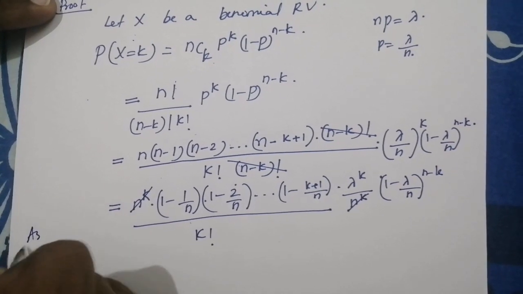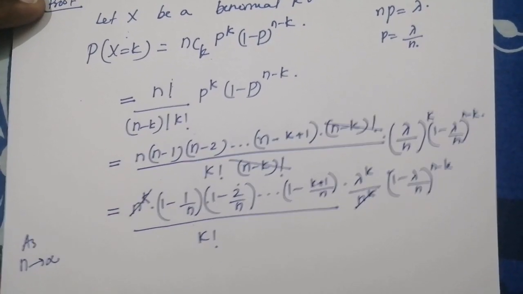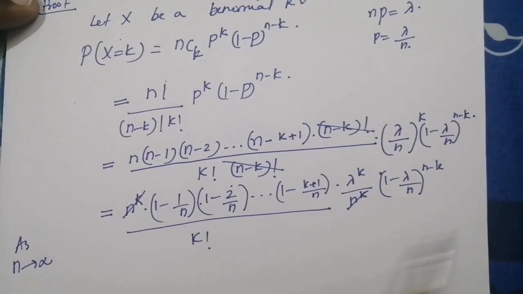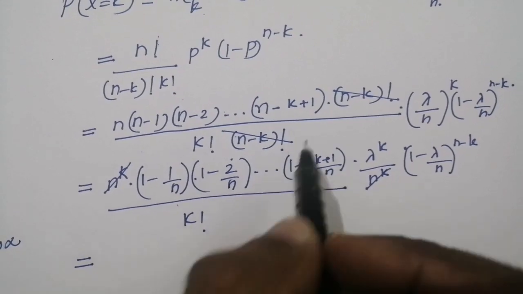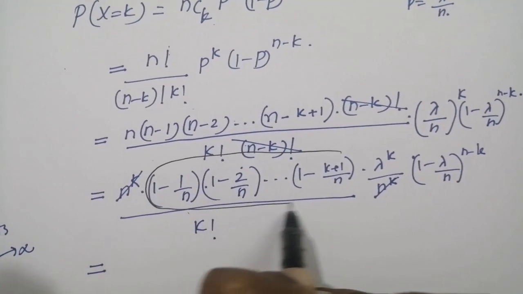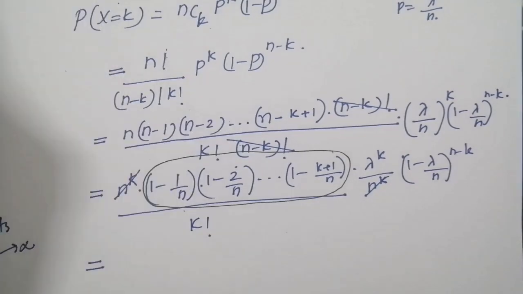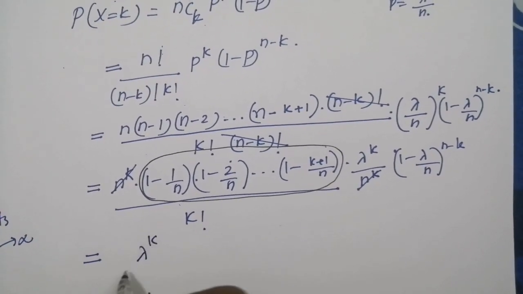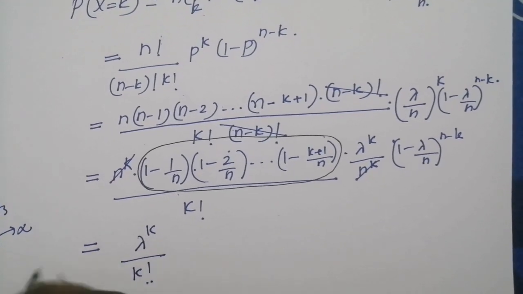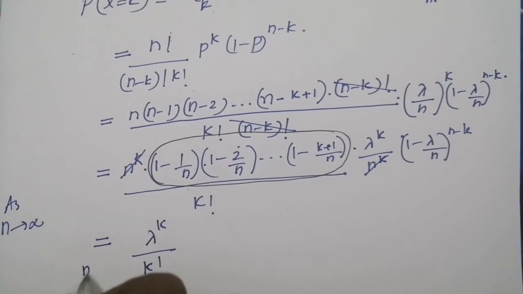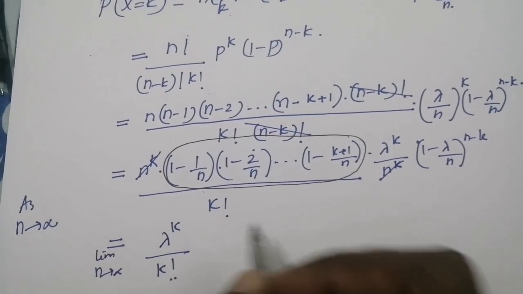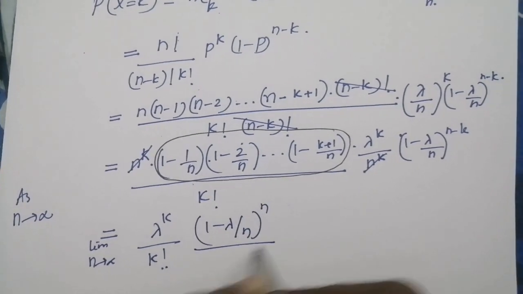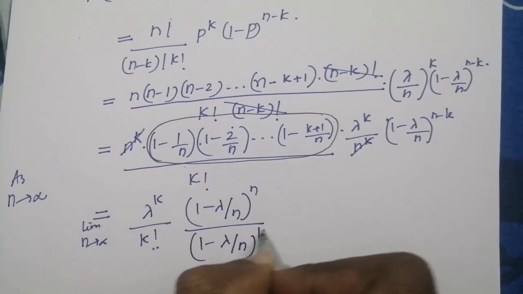Now as n tends to infinity, these terms become 1, 1, 1. So what we are left with is lambda raised to k by k factorial into, as n tends to infinity, 1 minus lambda by n the whole raised to n divided by 1 minus lambda by n the whole raised to k.